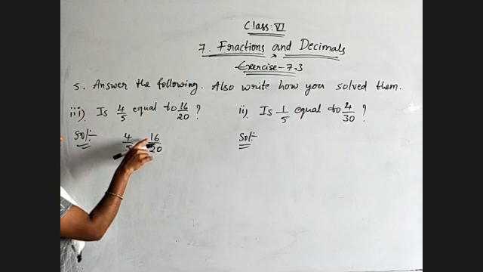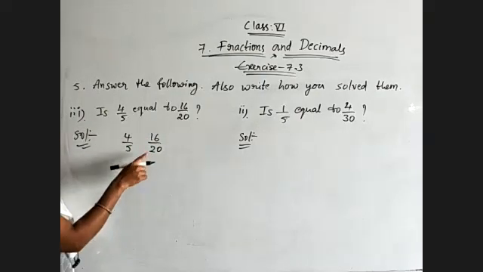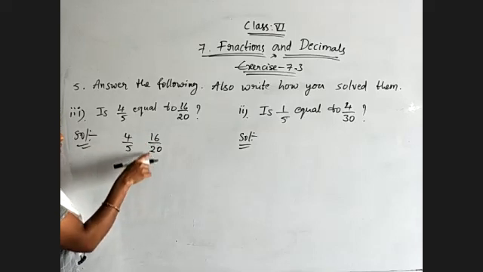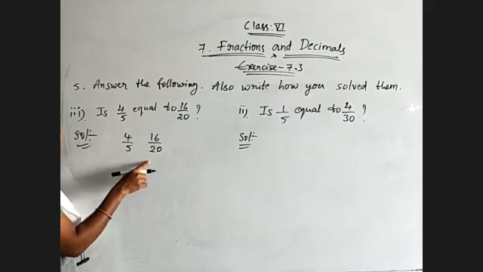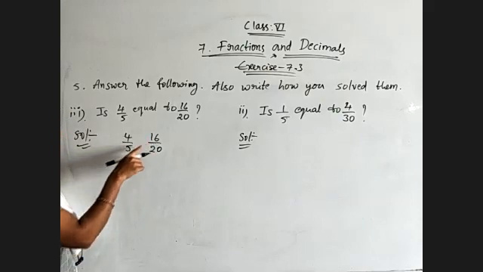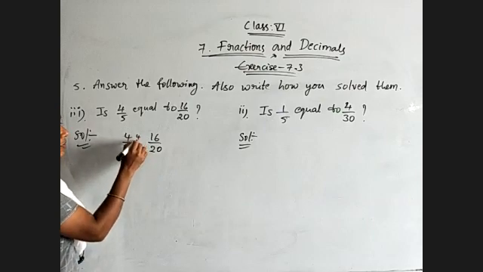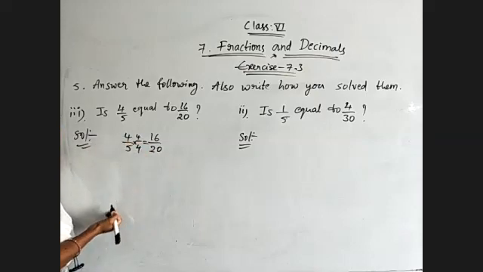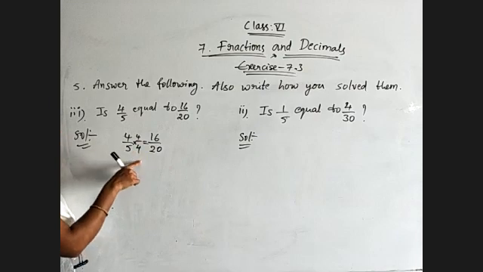Then if simplification is possible, take the lowest terms, just do the cancellation. Both can cancel in the 4 table. Observe, 4 4s are 16, 4 5s are 20. That means we will get 4 by 5. Means 4 by 5 is equal to 16 by 20. How? Just observe, 4 by 4. 4 4s are 16, 5 4s are 20. Yes, that's all. So both are equivalent fractions.